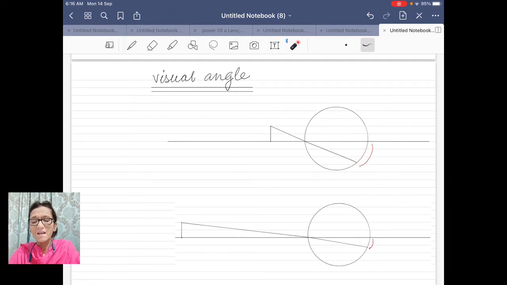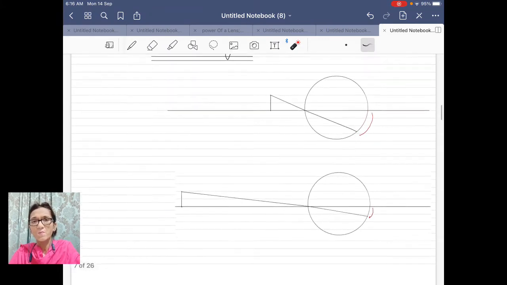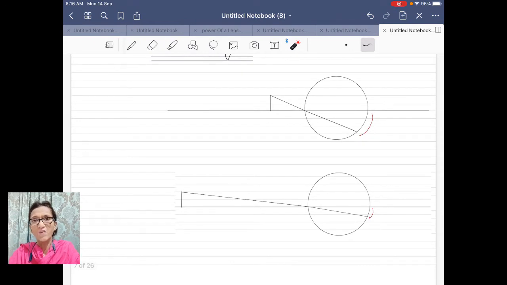Now if the same tree is placed very far from you, imagine in an open field, the tree will appear very small. And why does it appear small? Because the image is forming on your retina over a short length, a short area. It will activate a small number of rod cells and cone cells, so the image will be small.